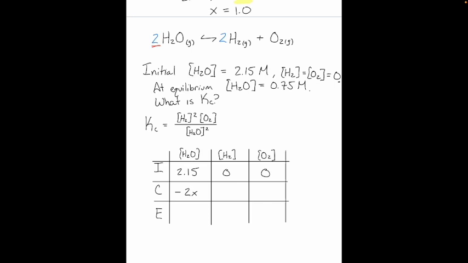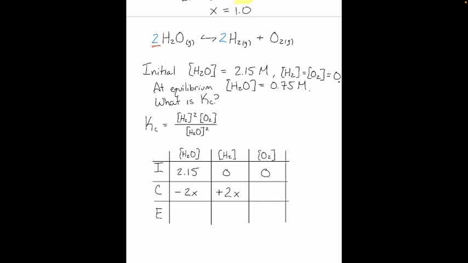Okay. What about for my hydrogen gas column? What's the sign, positive or negative? Positive, because now I'm talking about a product. Product concentrations go up. So positive, and not just positive x, but positive 2x, because again, there's that coefficient of 2 in my balanced chemical equation for hydrogen.